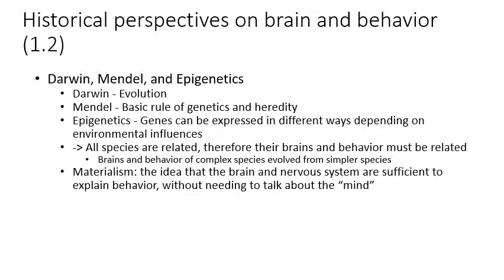And then later scientists and thinkers included Darwin, who was most famous for his theories of evolution, and Mendel, who came up with some basic rules of genetics and how we inherit characteristics. And more recently, a lot of scientists have been very interested in epigenetics.